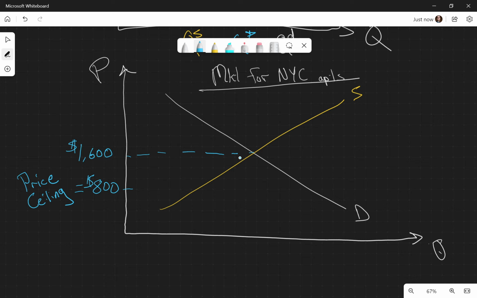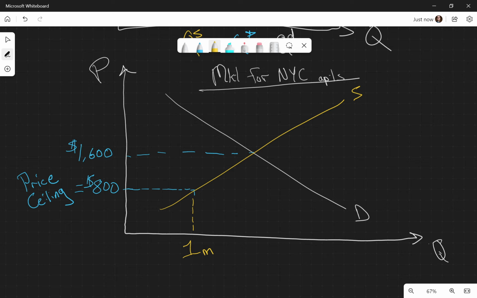Well, at $800, let's take a look at how many apartments are going to be supplied. Well, looks like, according to the book, there's going to be 1 million apartments supplied per day. Doesn't really matter, per day, per week, per month, per year. It's just important to have some sort of specificity there.